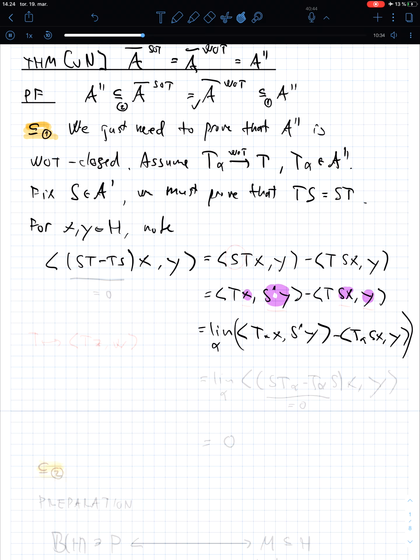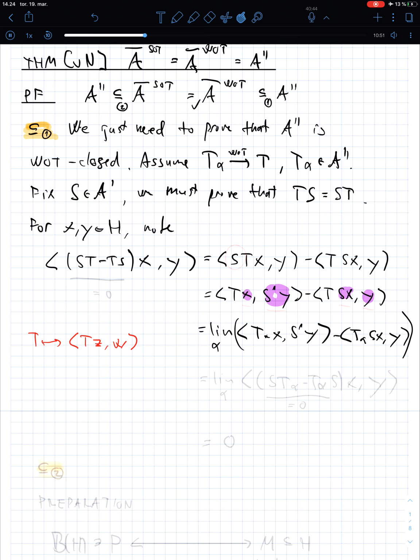Simply because these are the functionals that we've used, I mean, the functionals that we used to define the weak operator topology. These are exactly the ones that send T to the inner product of T with, I'll use some other letters, z and w.